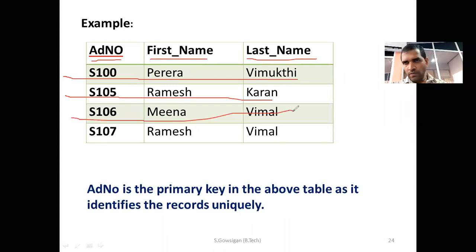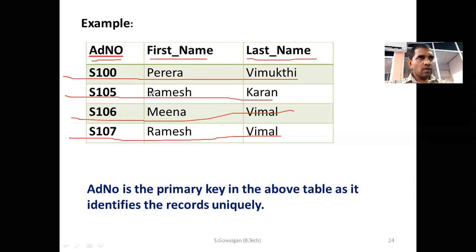S106 Meena Vimal is the third record. S107 Ramesh Vimal is the fourth record. So in this table we have 3 fields, admission number (ADNO), first name, and last name, and 4 records. Records are horizontal things, which are rows, and fields are vertical things, which are columns.